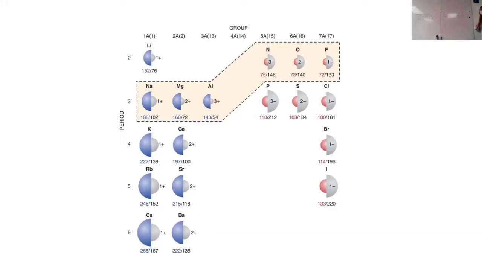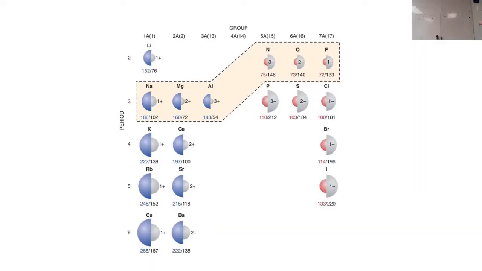So why didn't fluorine become larger than oxygen? It only gains 1 electron. Exactly. So it's increasing by 1 electron instead of 2 electrons. So it gets bigger, but the more electrons I add, the even bigger it gets. So the nitride, which is N-3, is 146.